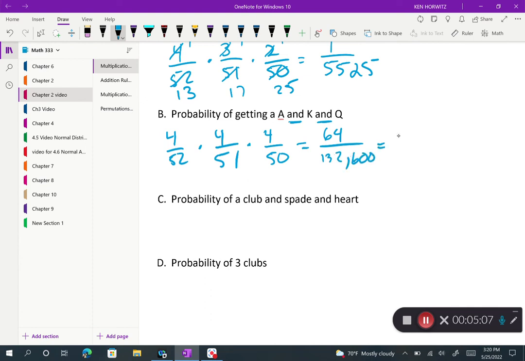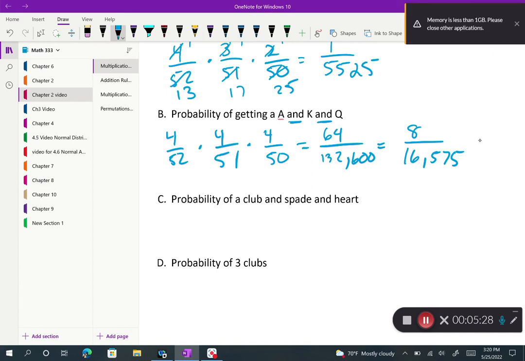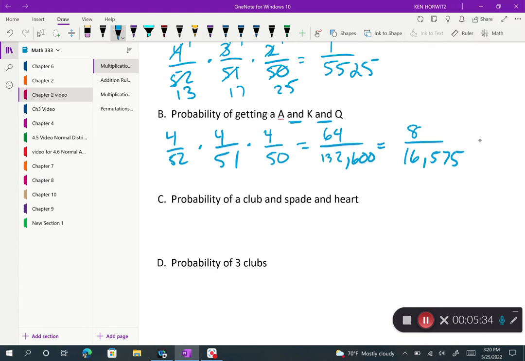And we can simplify that to 8 over 16,575. And you're always welcome to simplify before you multiply. For example, the 4 out of 52 can be simplified. The 4 over 50 can be simplified. So by all means, do that to lower your burden.